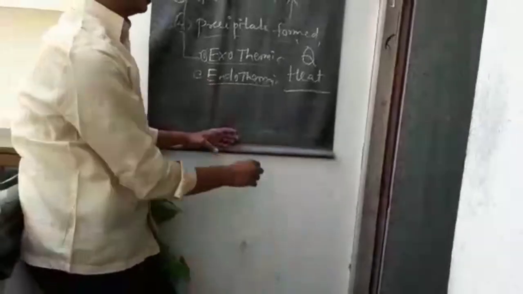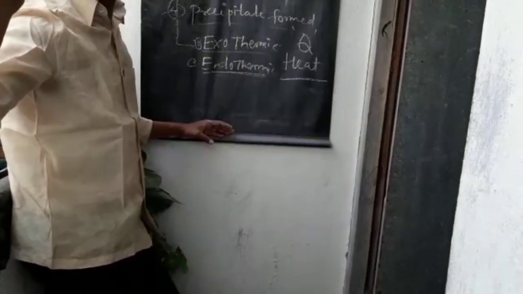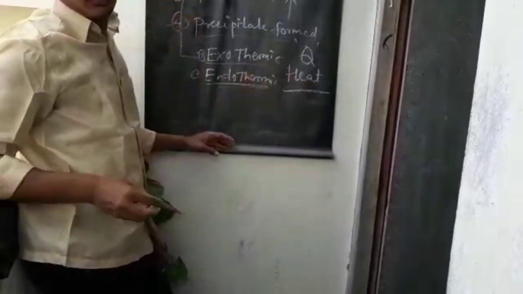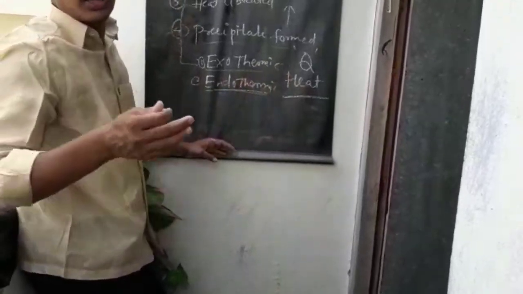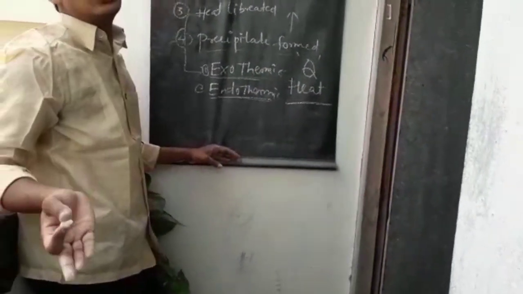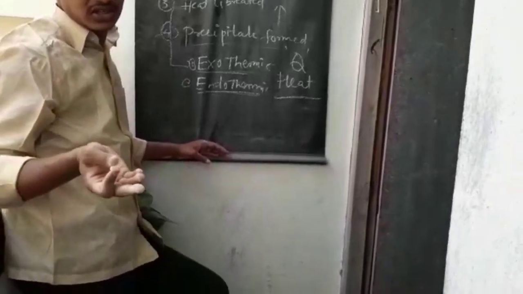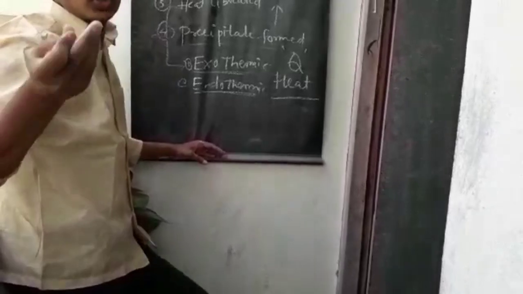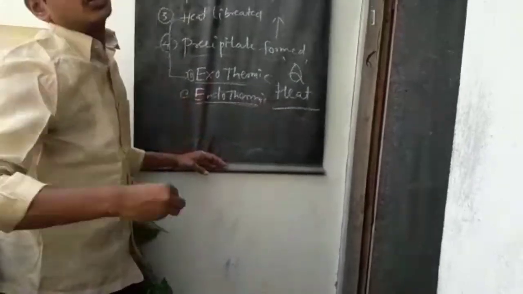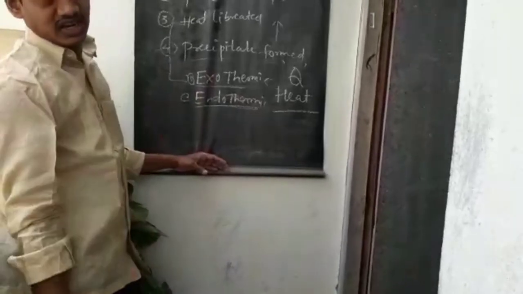Whenever the heat is released, it's plus Q, and endothermic is minus Q. Endothermic, exothermic: the definition is very, very important. Exothermic, whenever heat is released, as in a combustion reaction, heat will compulsorily be produced. That is called exothermic. And endothermic, heat absorbed. Heat is absorbed in the reaction, that we call an endothermic reaction.